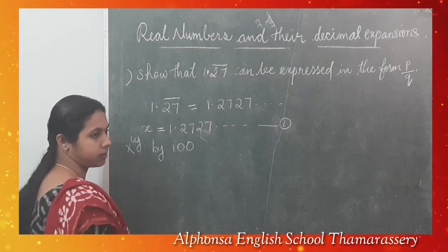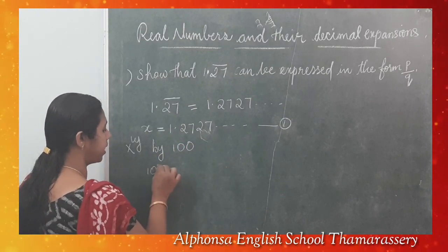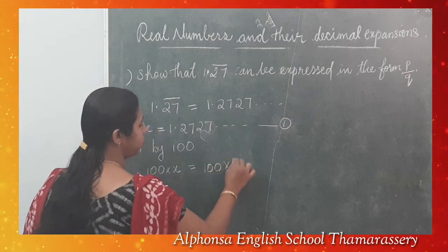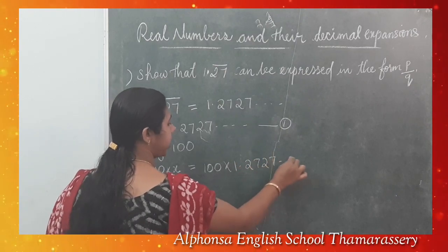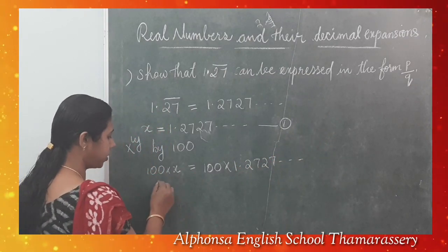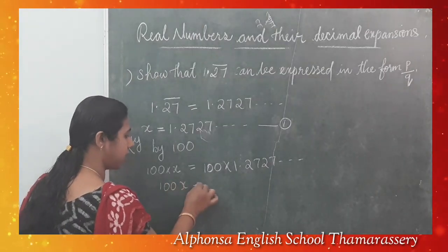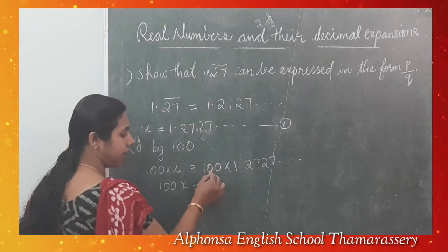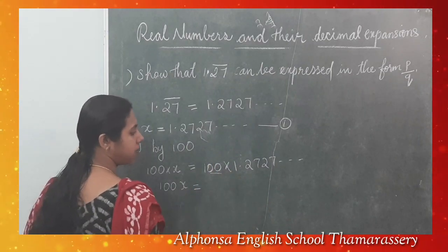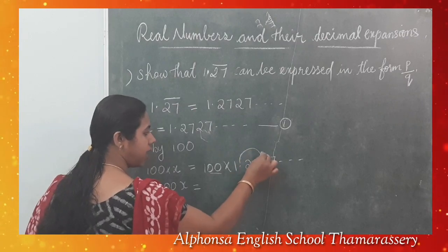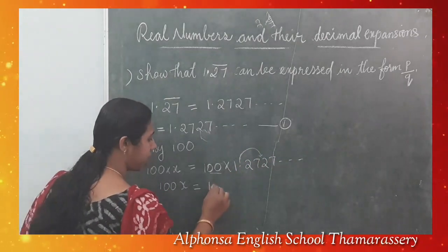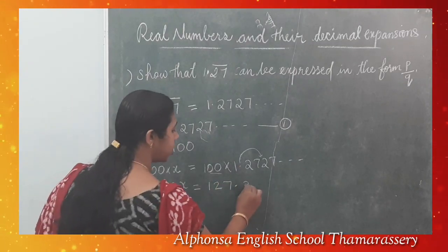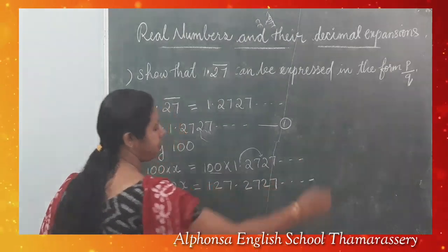So 100 into x equal to 100 into 1.2727 etc. There are two zeros, so the decimal point will move two places to the right. So it will be 127.2727 etc.